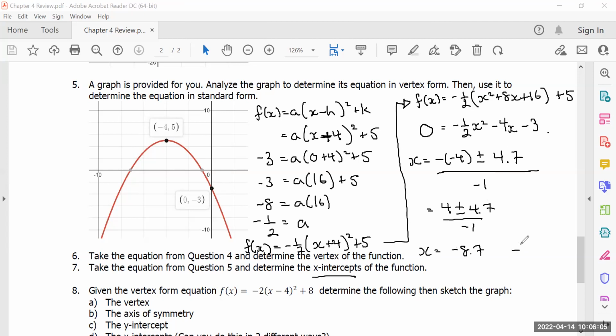Is that right? Might have done something wrong. I'm getting myself a positive 0.7. Just give me one more moment. Let's see.